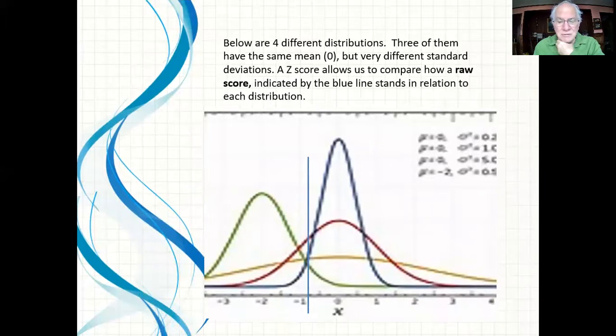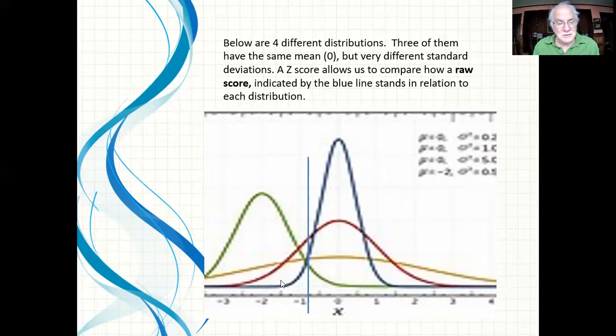For instance, here are 4 different distributions. This one here, the blue one, is narrow and high, small standard deviation, big mean. This brown one down here would say to me a big standard deviation.